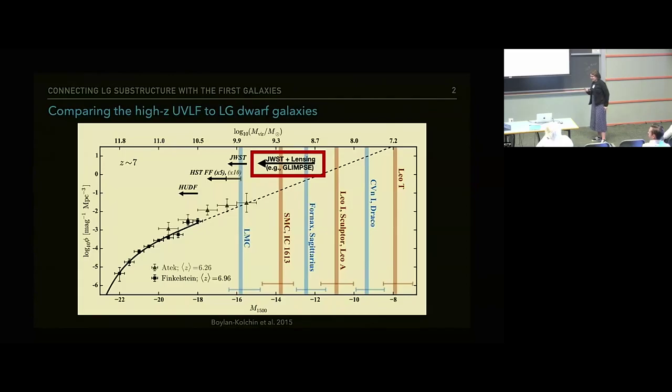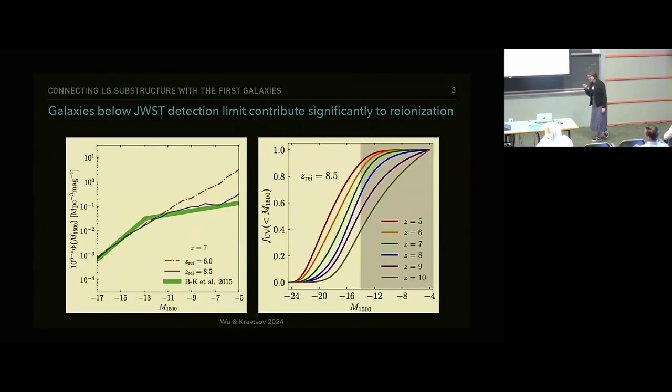And so why should we care about magnitudes that are fainter than what JWST will be able to see? This is some recent work by Andre, and I believe his student, showing that using his semi-analytical model, the reionization history of the Local Group is consistent with reionization around redshift of 8.5.